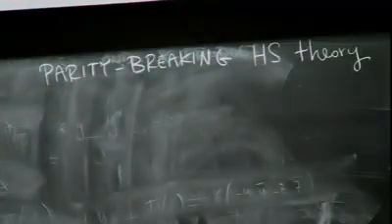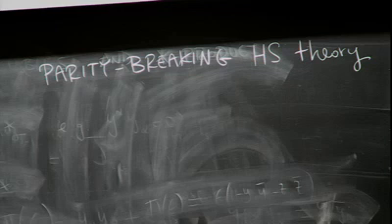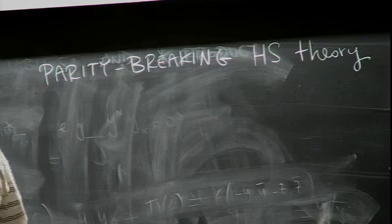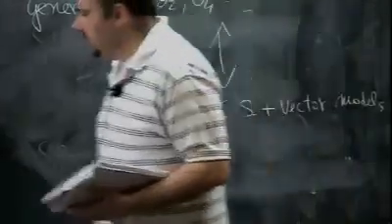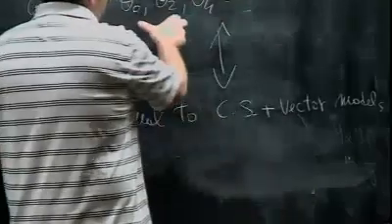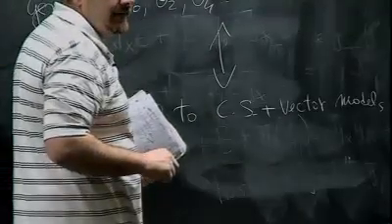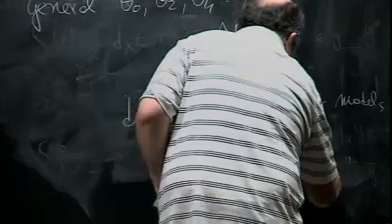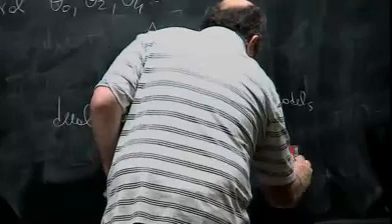And now we see that there are such theories. They are just these more general theories with these extra parameters which break parity. So this theory will be dual to Chern-Simons plus vector models, where these parameters will be mapped to the 't Hooft coupling of the Chern-Simons theory. And so on.